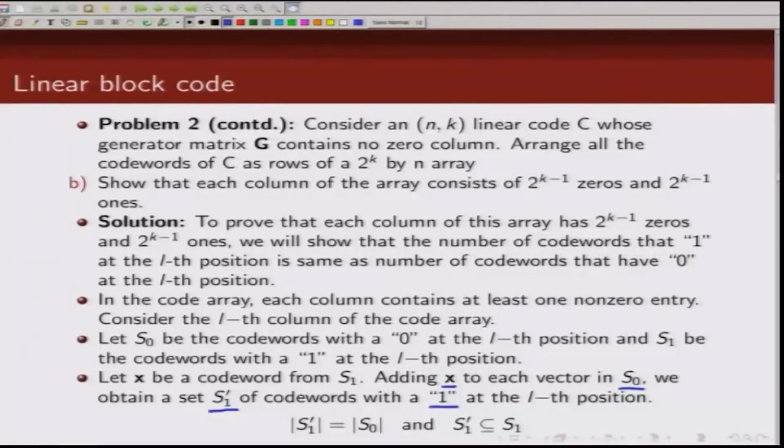Since S1 prime is generated by adding X to the vectors in S0, the number of elements in S0 is the same as the number of elements in S1 prime, and S1 prime is a subset of S1, which is the set of all code words which have 1 at the lth location.